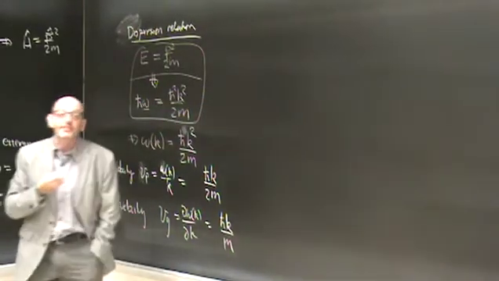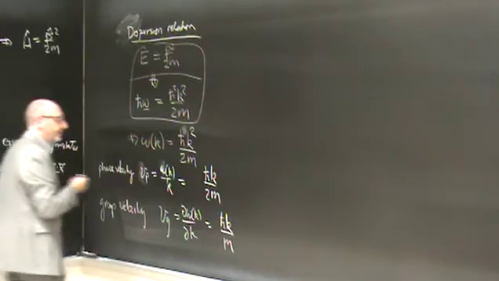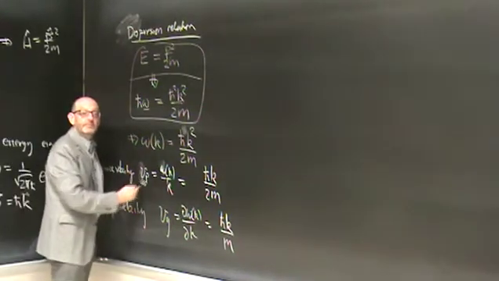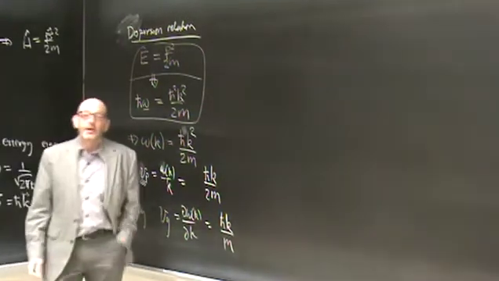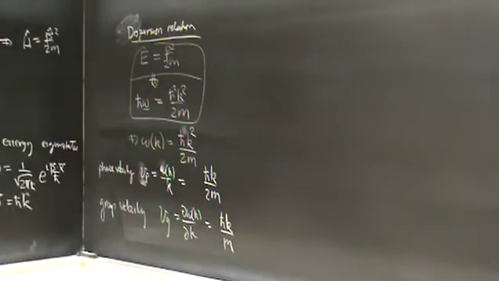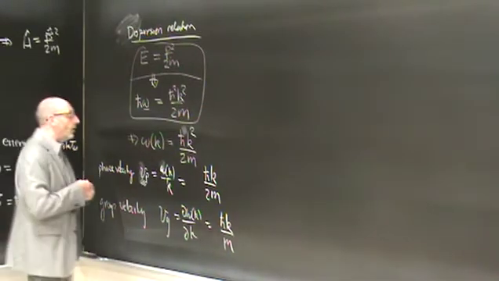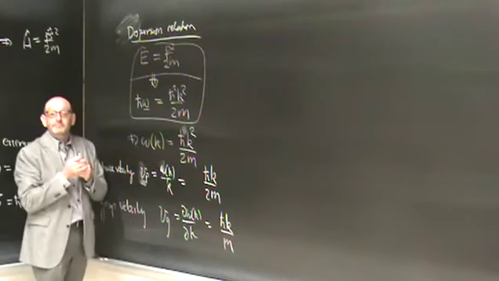Different wavelengths move at different phase velocities. And because of that, if you have a wave packet, which has some spread in momentum, it will disperse.